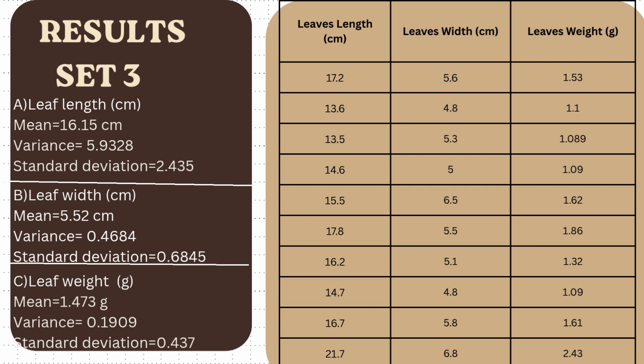The standard deviation is 0.6845. And then leaf weight in grams, the mean is 1.473 grams. The variance is 0.1909. The standard deviation is 0.437.